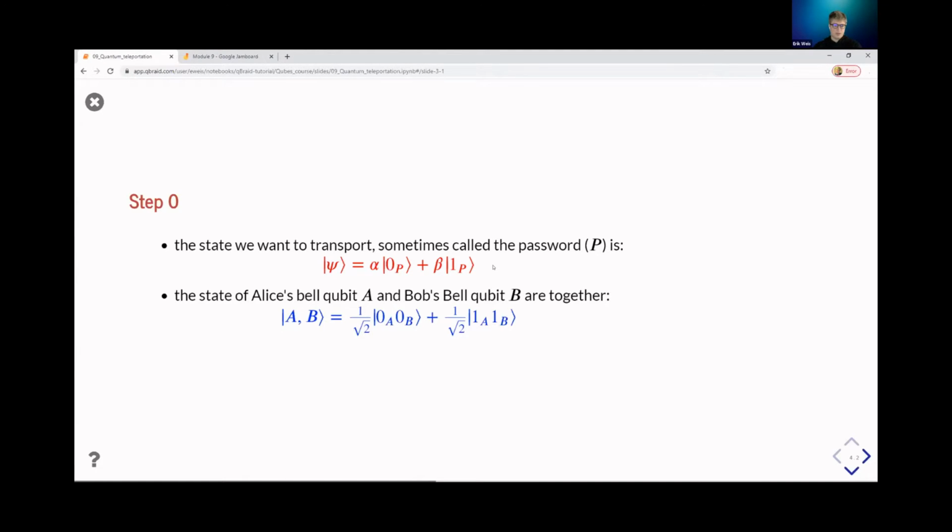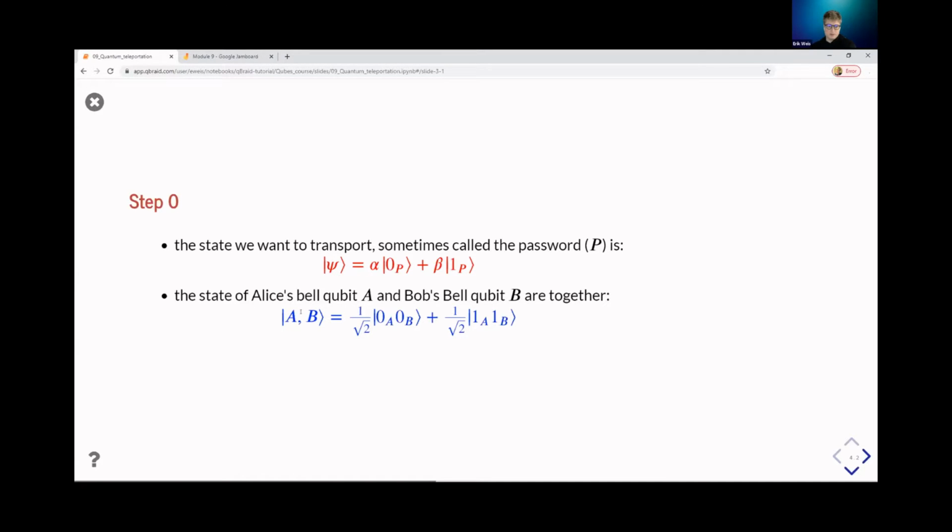Okay, so then we have also the Bell pair, and we're going to label those qubits A and B. The Bell qubit that Alice has is A. The Bell qubit that Bob has is B. And we're going to use blue to color code the difference, because we're going to have a lot of branches to look at.